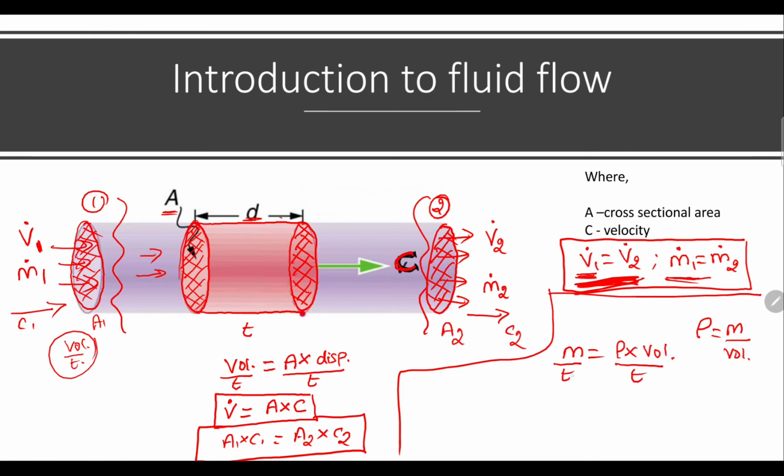Mass flowing over a certain time t is nothing but the mass flow rate m dot, equals density rho times volume divided by time, which is the volumetric flow rate V dot. So if I write this equation for the pipe diagram that we have here, I can write it as rho 1 times V dot 1 equals rho 2 times V dot 2.